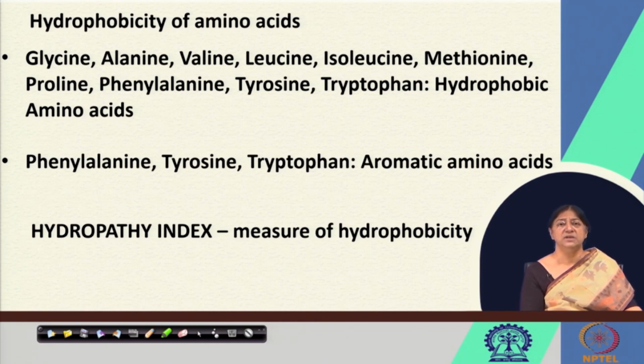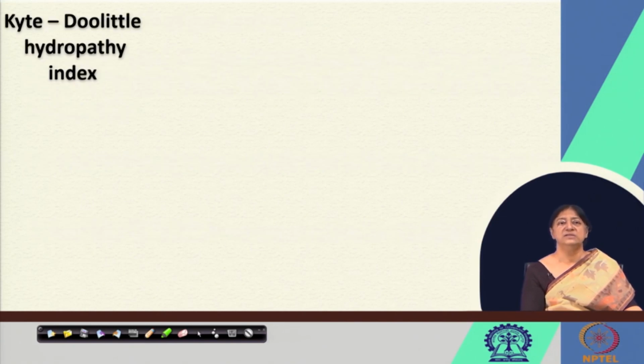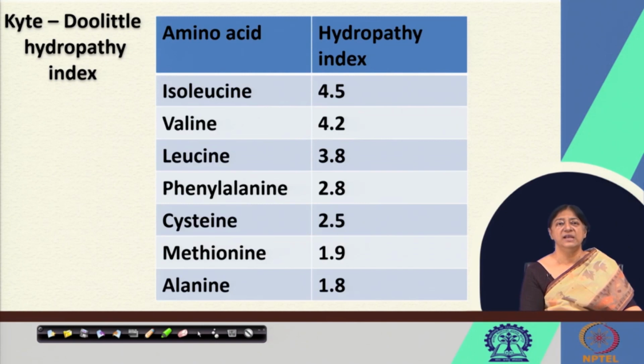In trying to understand what is present in the side chain of these amino acids, we learned that the hydrophobic amino acids preferably have only carbon and hydrogen to them, and a measure of hydrophobicity is given by a hydropathy index. There is a common index known as the Kyte-Doolittle hydropathy index, which gives us, as you can see, positive values for highly hydrophobic amino acids: isoleucine, valine, leucine.